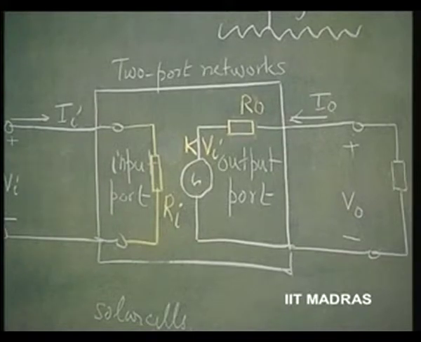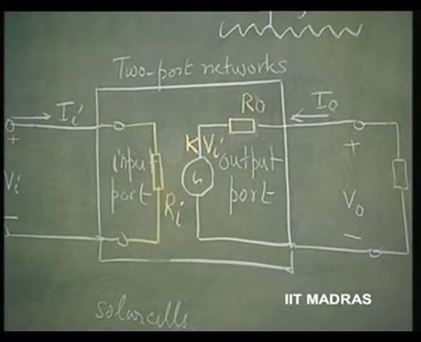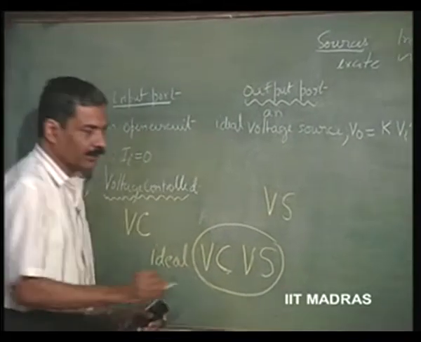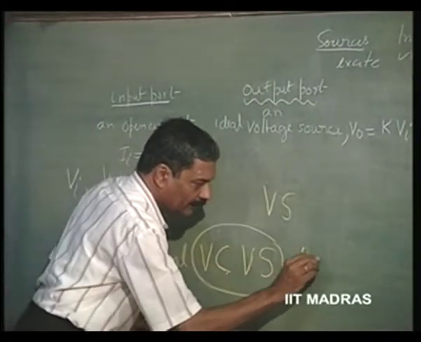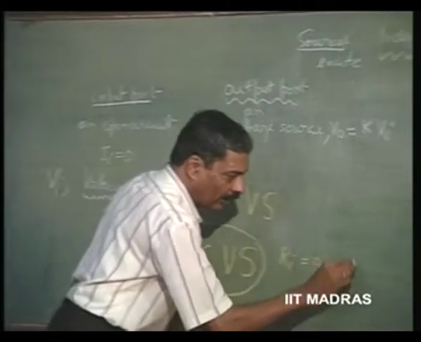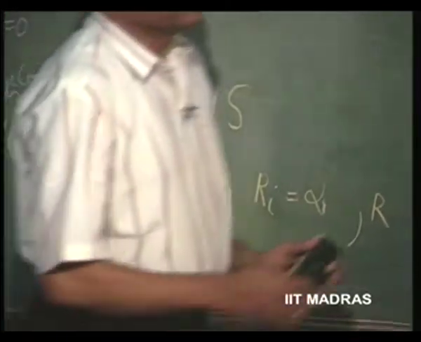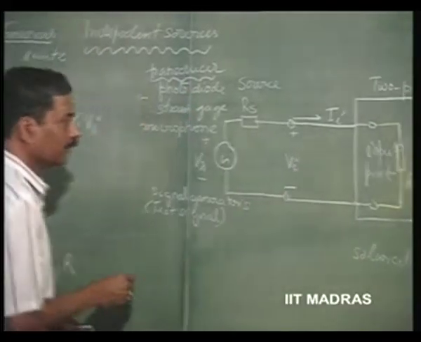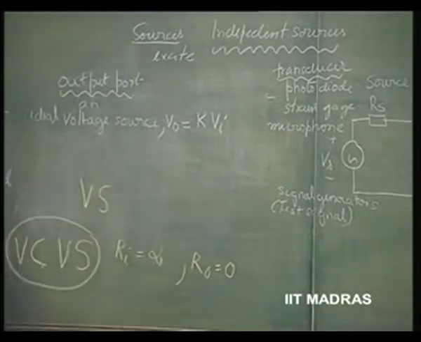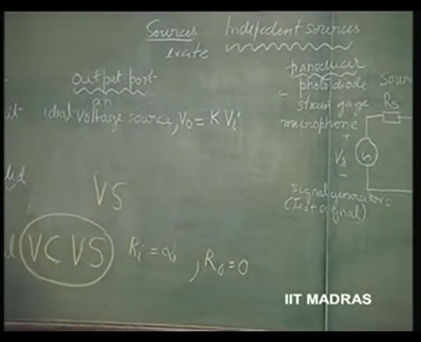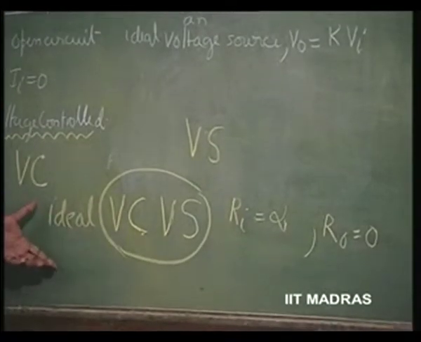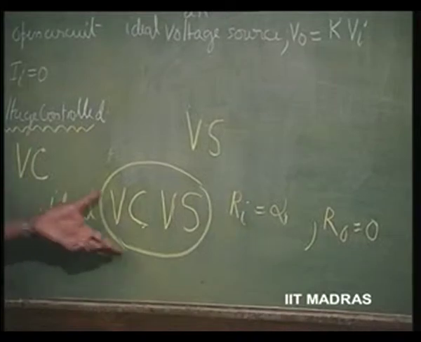So, in an ideal voltage controlled voltage source, Ri is infinity, R naught is 0. Is that clear? This is called an ideal voltage controlled voltage source.